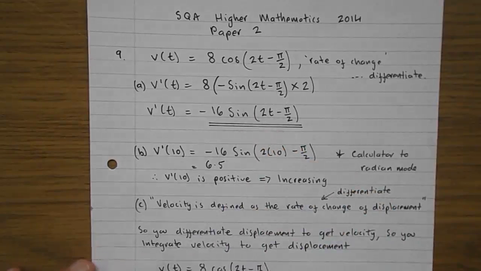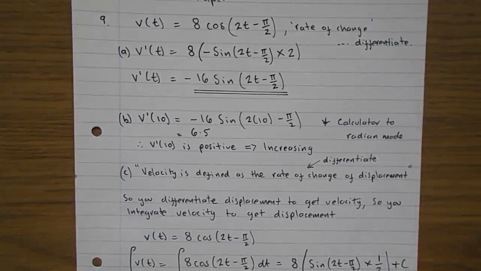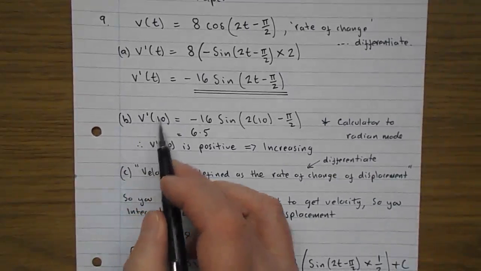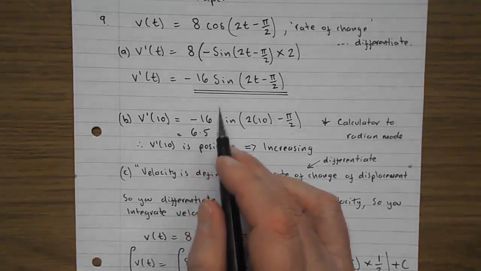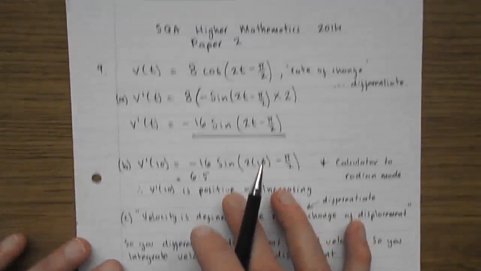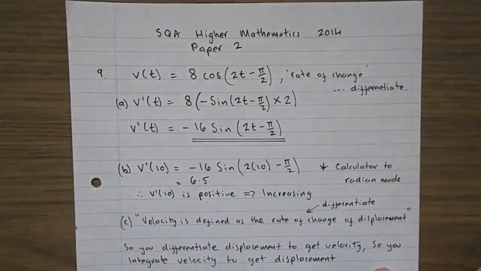Okay. Part B, determine whether the velocity of this object is increasing or decreasing when t equals 10. So you want to find the acceleration when t equals 10. So we're going to put 10 through the formula that we just got for part A, minus 16 sine(2t − π/2).